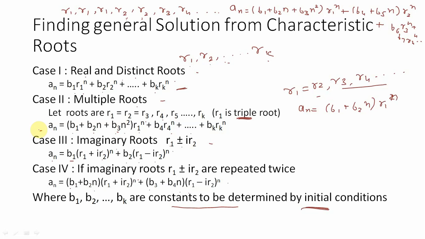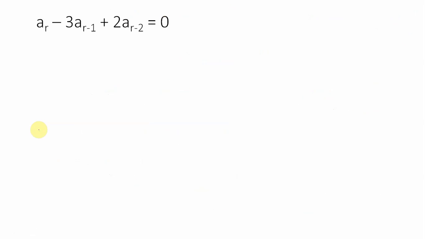Now let's see certain examples which will make it clearer. Let's see the first example. It says the recurrence relation is given as a_r minus 3a_(r-1) plus 2a_(r-2) is equal to 0. So we'll begin by, first of all, finding the characteristic equation of this recurrence relation.